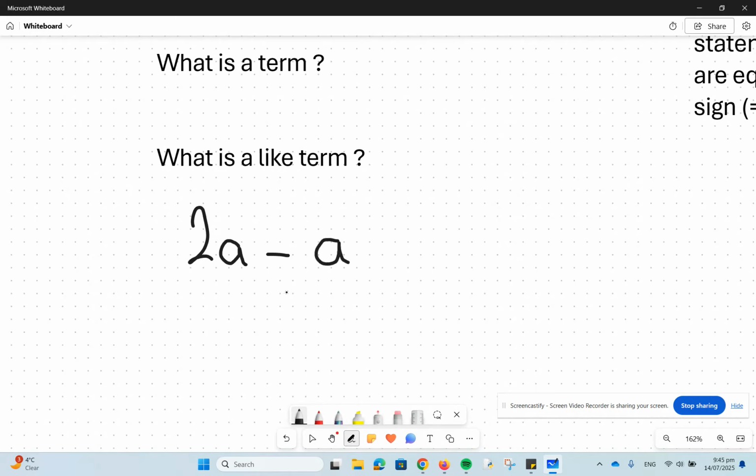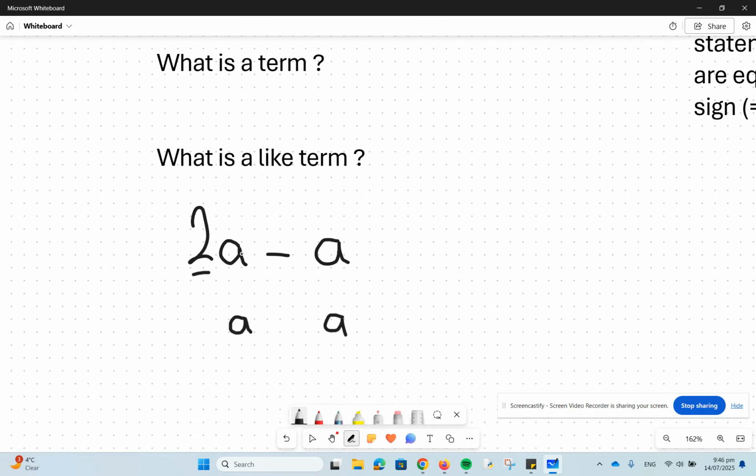Okay. Are they like terms? Well, a like term has to have the same letter, and it has to have the same power or exponent. We'll just leave the 2 out for now. That's called the coefficient. So this letter here is the same letter as this one here. They're the same letter, which is one of the things a like term has to have, but it also has to have the same power.